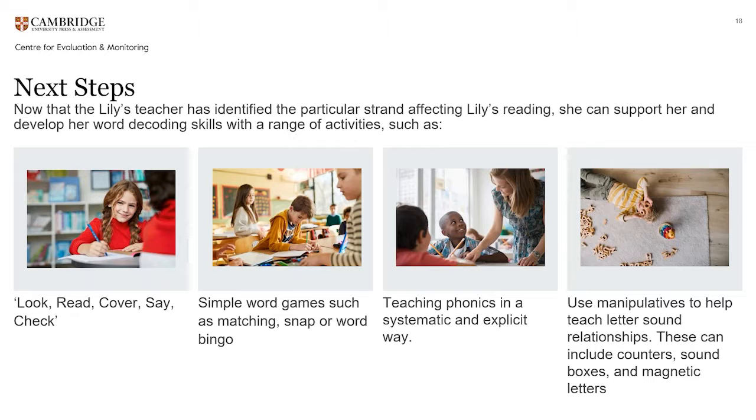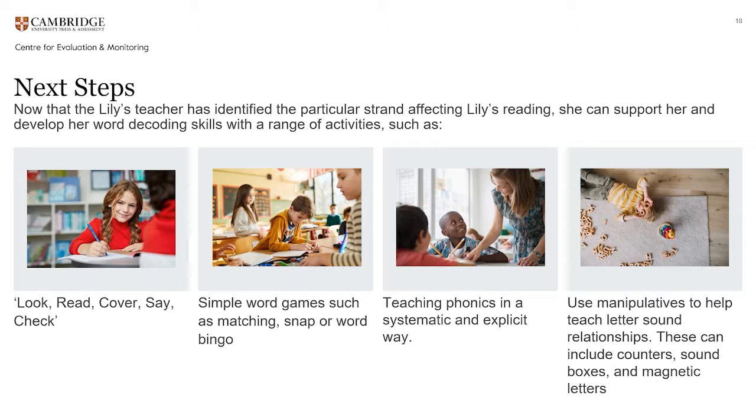And now that Lily's teacher has identified that particular strand affecting her reading, she can support her and develop her word decoding skills with a range of different activities. So just some examples of what she might use: the look, read, cover, say, check method.